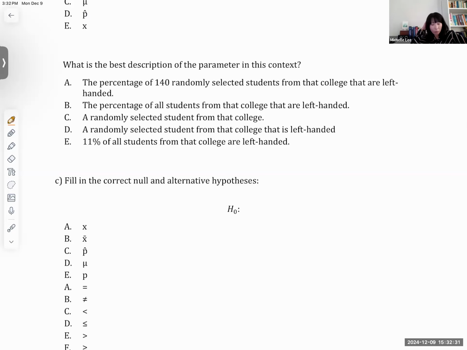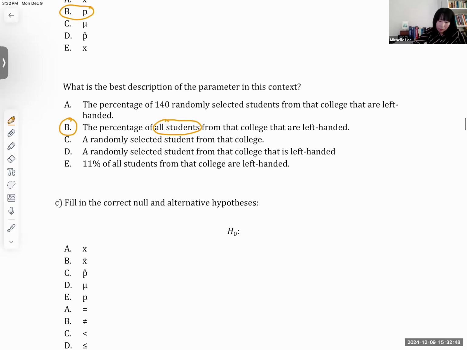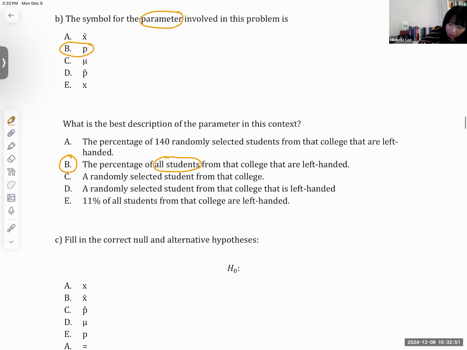What do you think? Which one is best among A, B, C, D, E? B, excellent, because we can see all students, right? Parameter, yeah. So that means the parameter is the population proportion, so the percentage of all students, right?